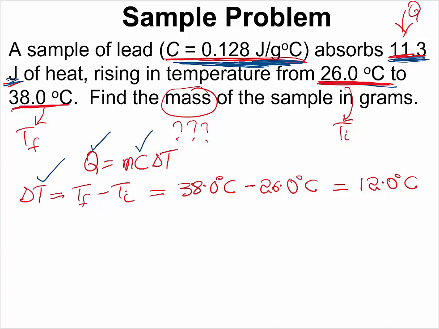We want to find the mass. We can rearrange this equation by isolating the mass m. If you divide both sides of the equation by C delta T, Q divided by C delta T will be equal to m.